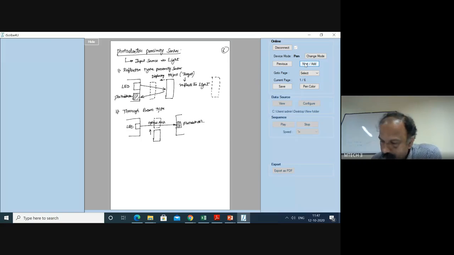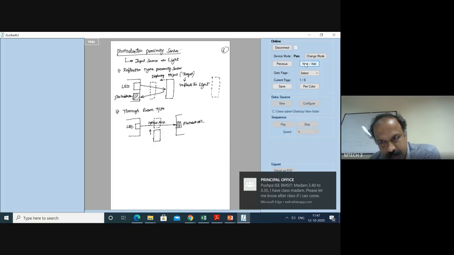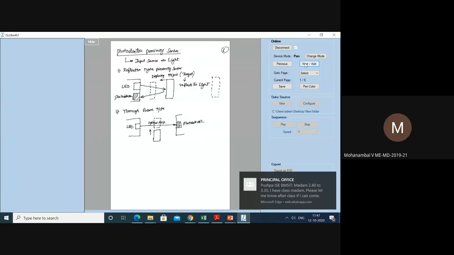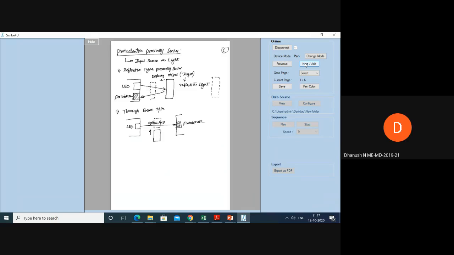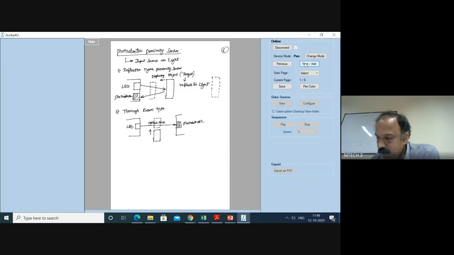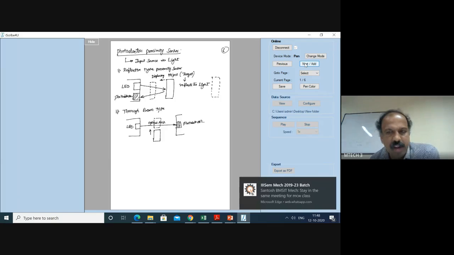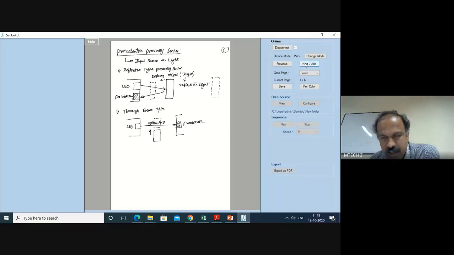When the object blocks this line, what is the output in the photo detector? There will be no output, sir. Now, the photo detector will receive the light all the time, for the whole duration whenever there is no object.